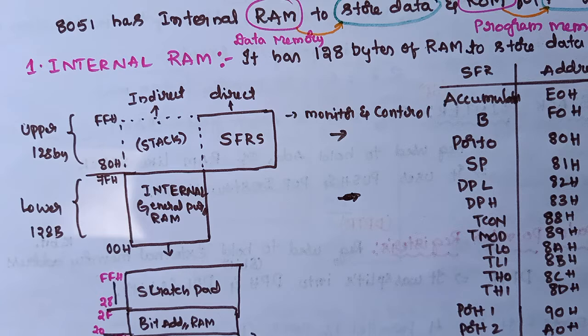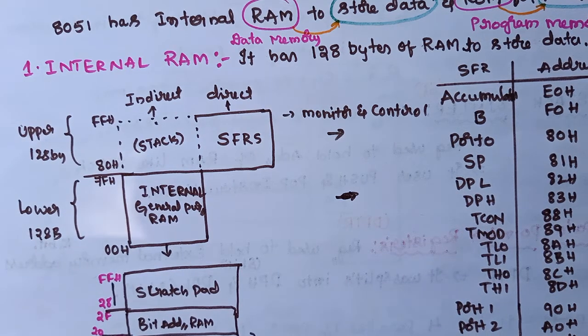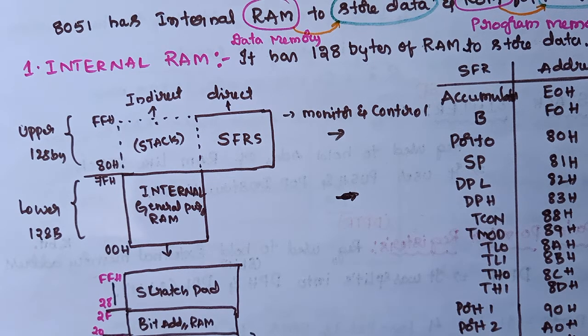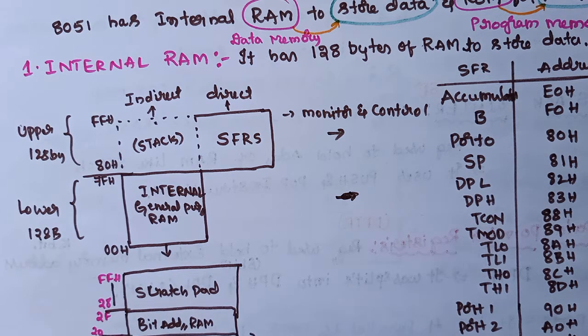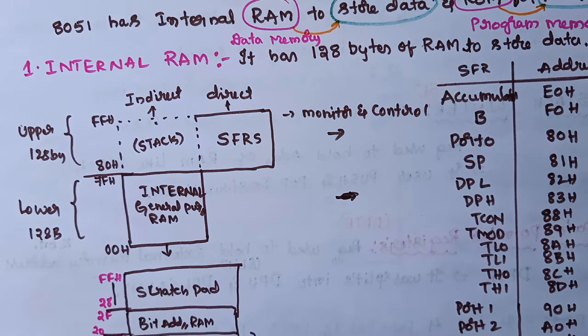Each register bank has eight registers, register bank 0 has R0 to R7, and each register can store 8 bits of information. So one bank consists of 8 registers storing 8 bits each. It is the same for bank 1, bank 2 and bank 3.